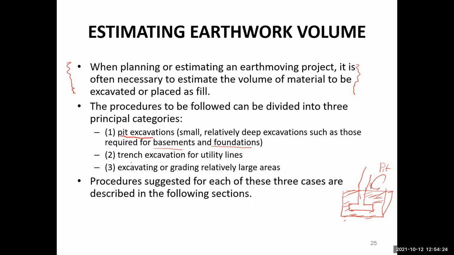Then there is the trench excavation, that is for the utility line. So in the trench excavation, you have excavation taking place over here. This is the amount of the soil that will be excavated.